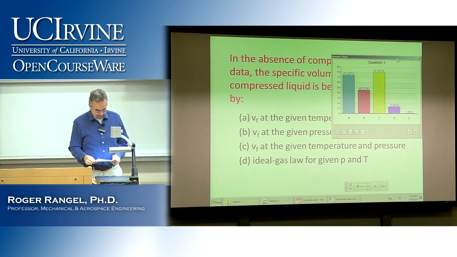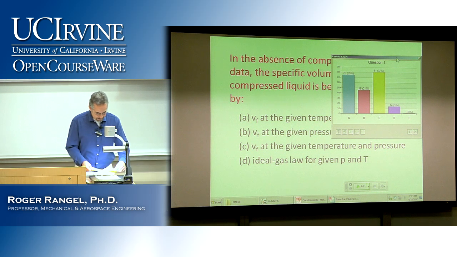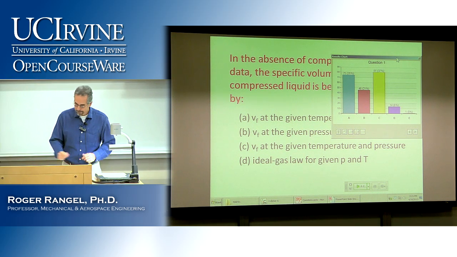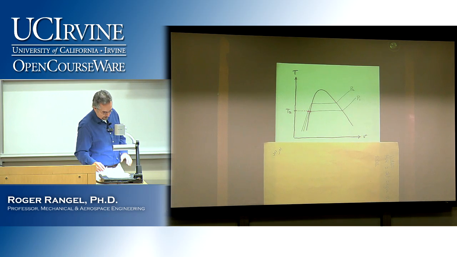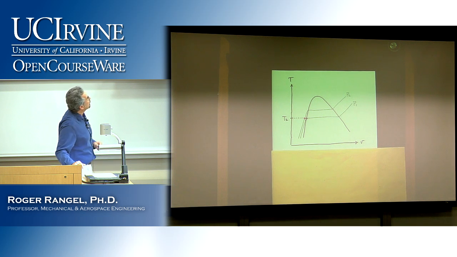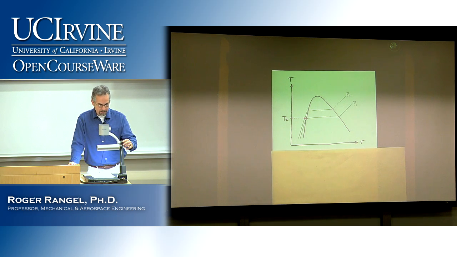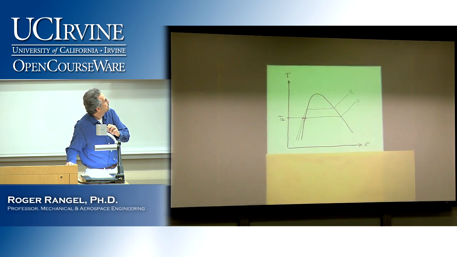The way to look at that in a figure would be to look at this, which we did a while back. So, here is my temperature volume diagram. And the red dot is my compressed liquid that I am dealing with. That's my real state.